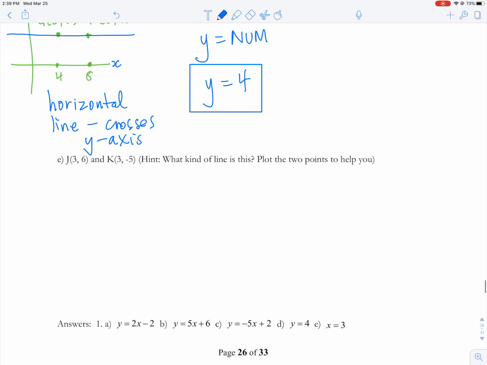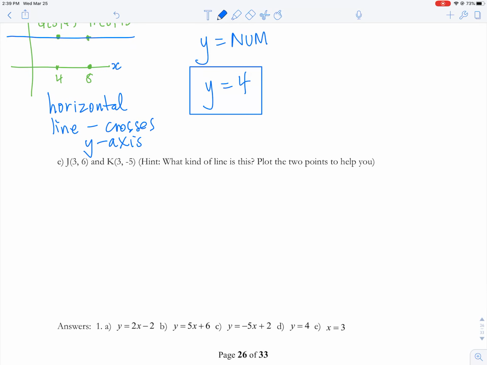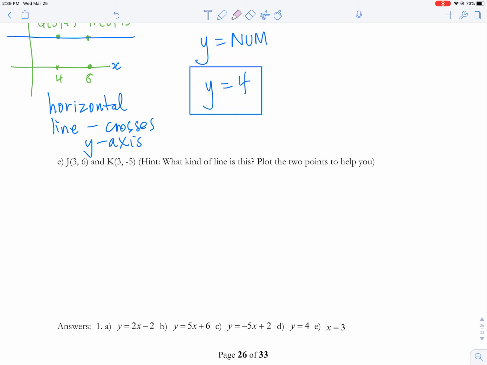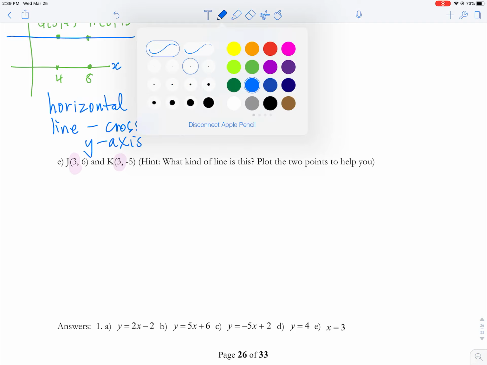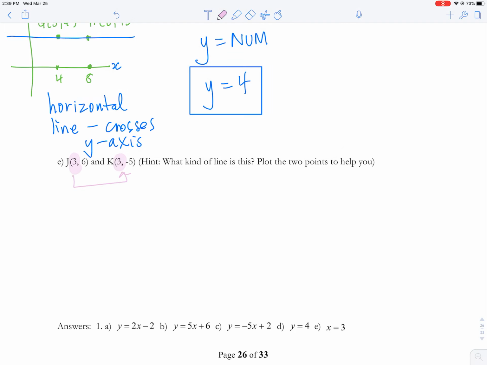For the last one here, we get J is (3, 6), and K is (3, minus 5). If we look at the values here, we can see that the x values match. So if we were guessing this, the x values match.